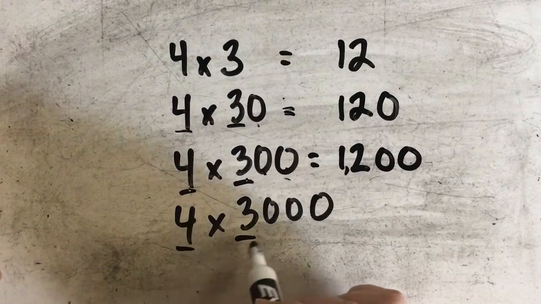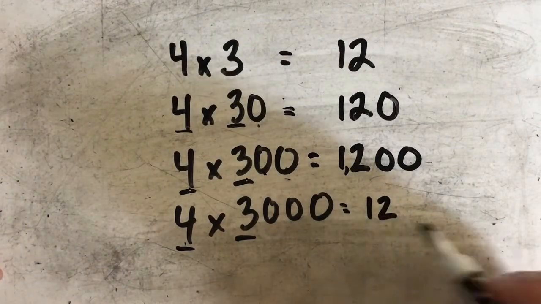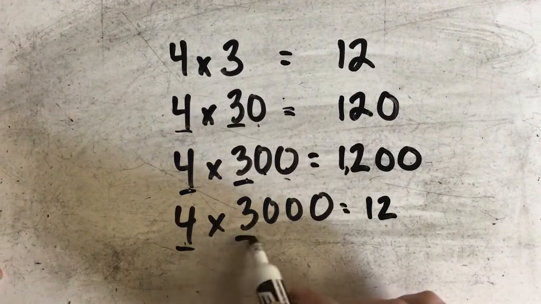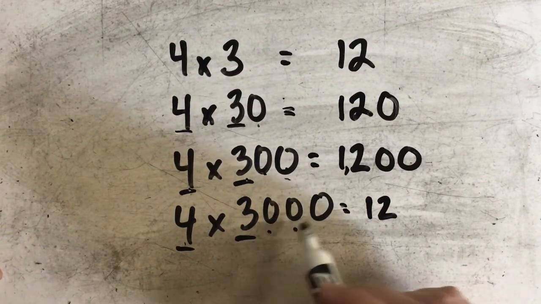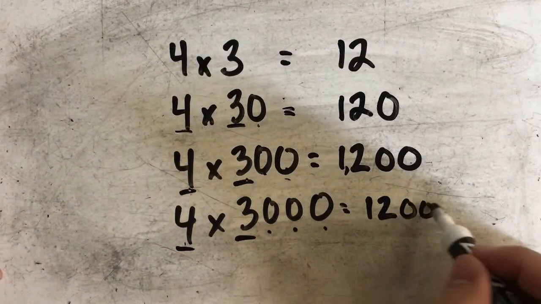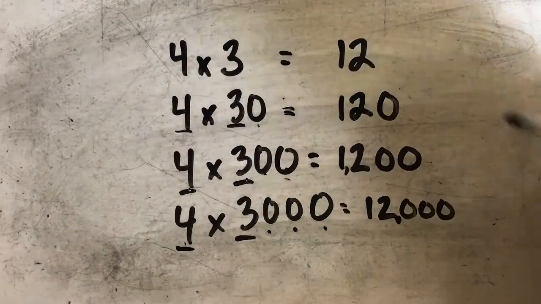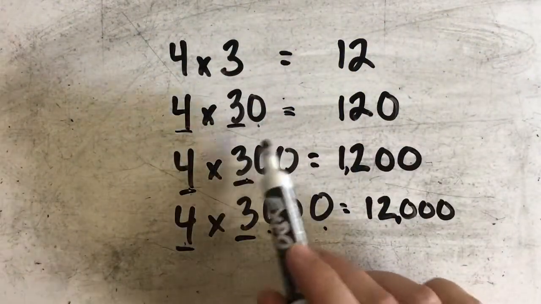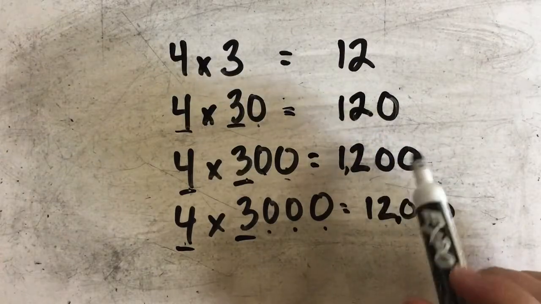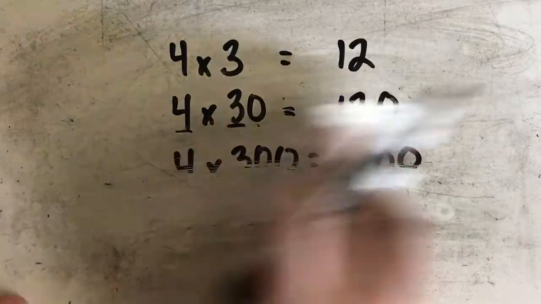And then finally in this example, I have 4 times 3,000, which again is 4 times 3, which is 12, with 1, 2, 3 zeros in my answer. So again, you can see this pattern when you multiply numbers with those zeros, that you need to include the zeros in your answer. Let's do a couple more examples.